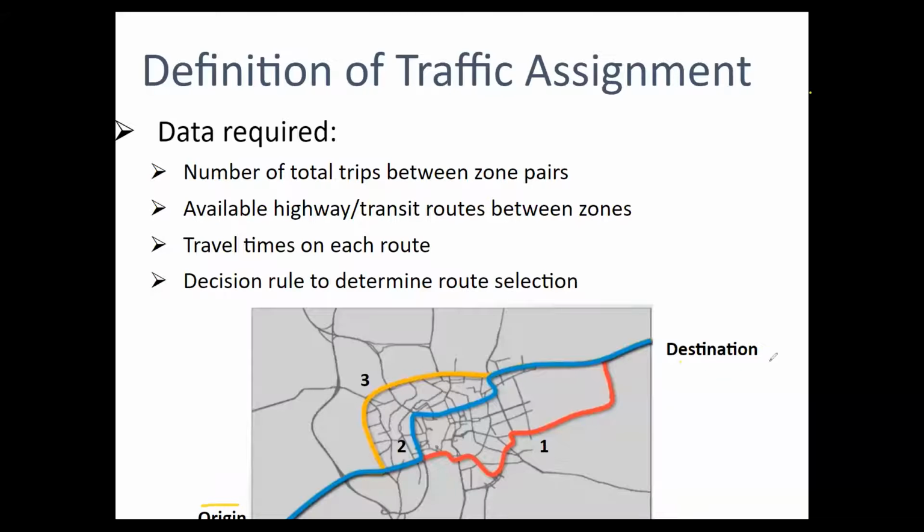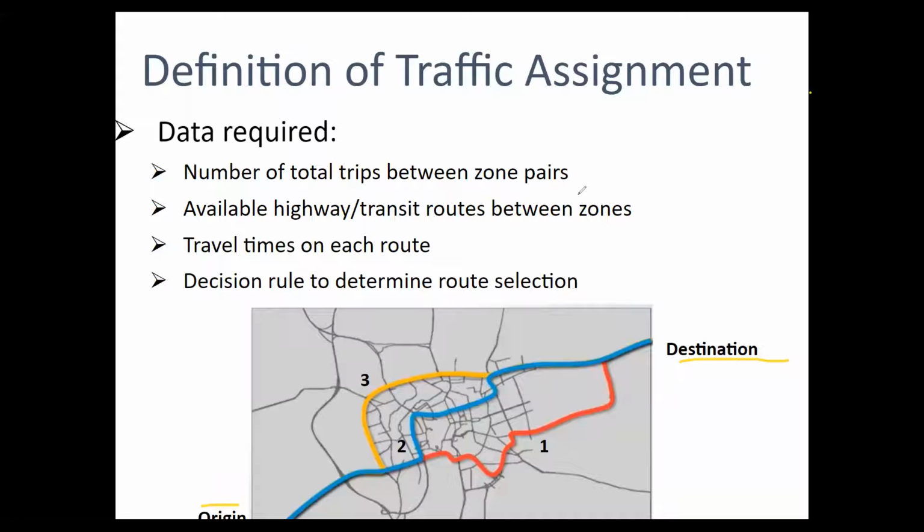And then here you have the destination. Okay? And then there are 3 potential routes that can take you from that origin to destination. So what you need is the number of total trips between the zone pairs. You need available highway and transit routes between the zones. You need travel time for each zone, and then a decision rule to determine the route selection.